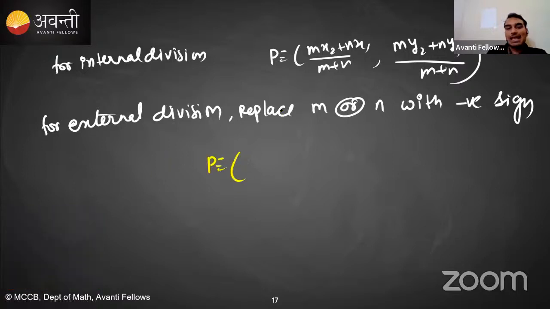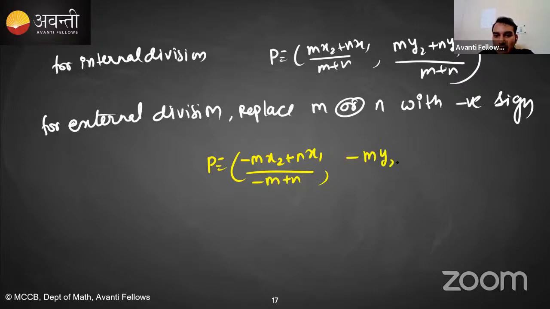If you replace m with the negative sign, you will get (minus m x2 plus n x1) upon (minus m plus n), and (minus m y2 plus n y1) upon (minus m plus n). Clear?